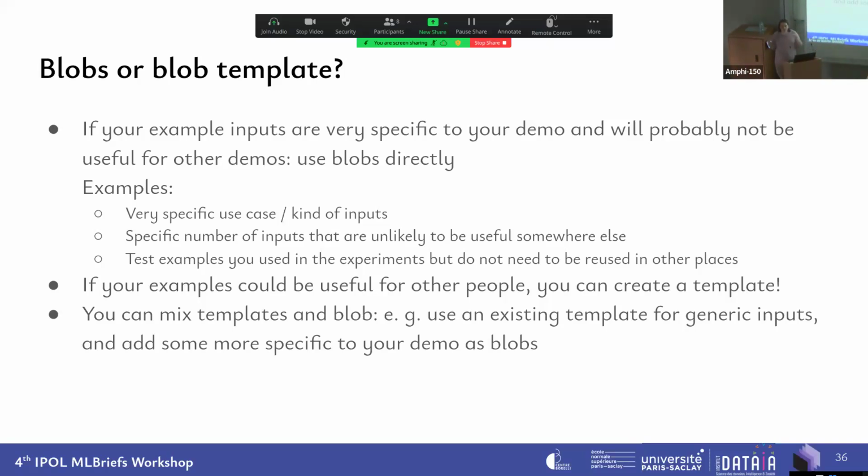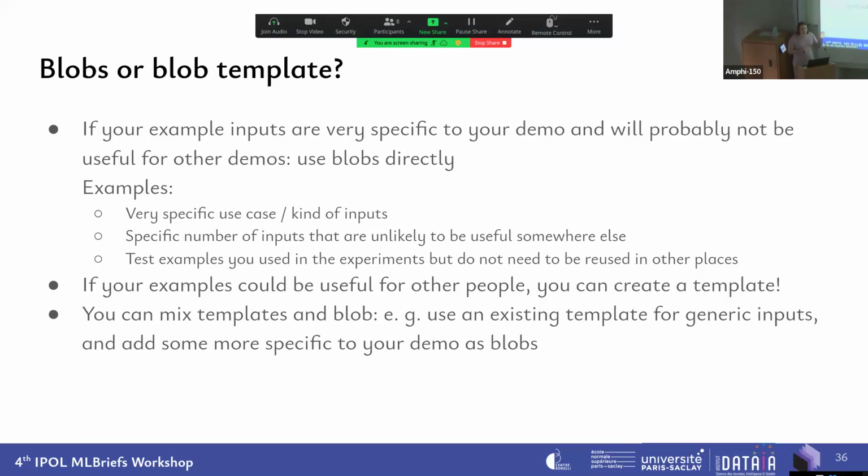For instance, if you have a very specific use case on a domain where you know no other demos will be made, if your demo has very specific requirements, for instance, if you need a very specific number of inputs, and it's very unlikely other demos will need this very specific combination, or if it's just a group of images for test examples.